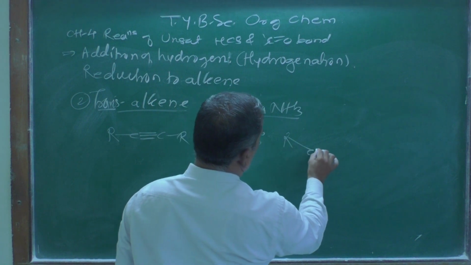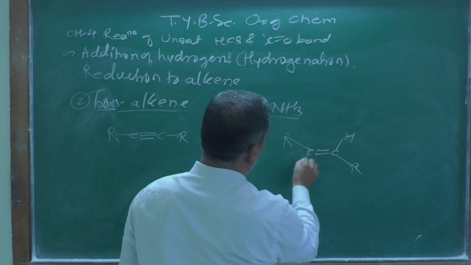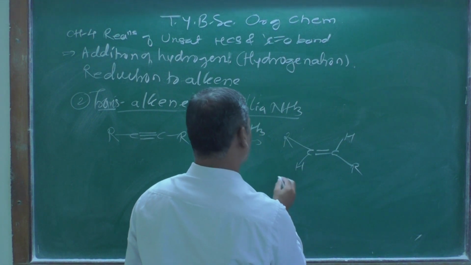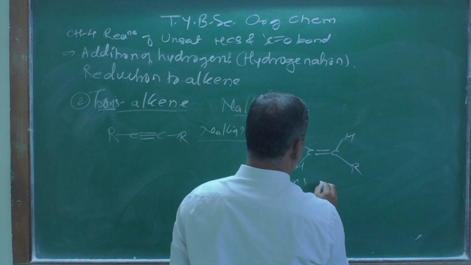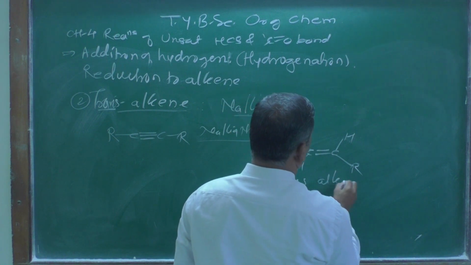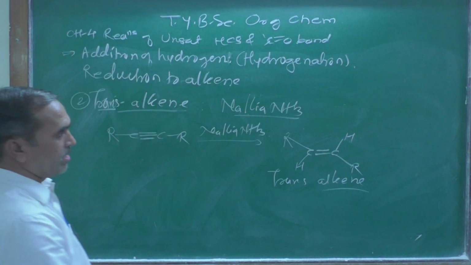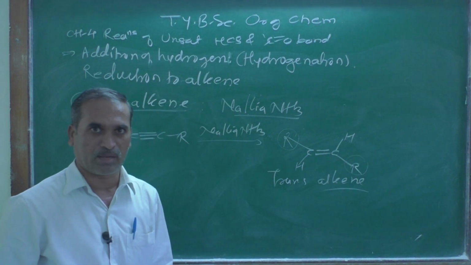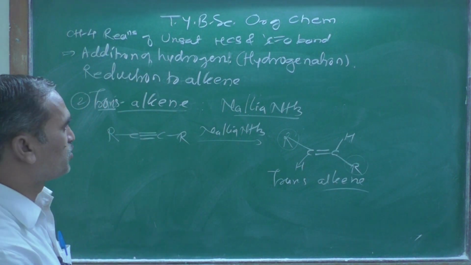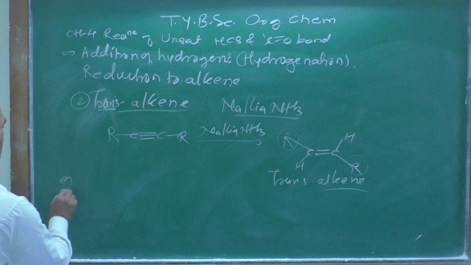Here R, C double bond C, here H, then R, there is an H. This is a trans-alkene we are getting, right? Why trans? Because similar groups are on the opposite side of the carbon-carbon double bond, and therefore it is known as a trans isomer.